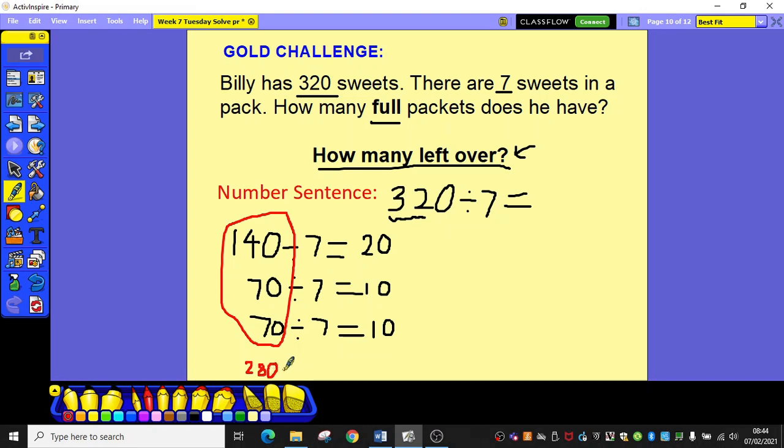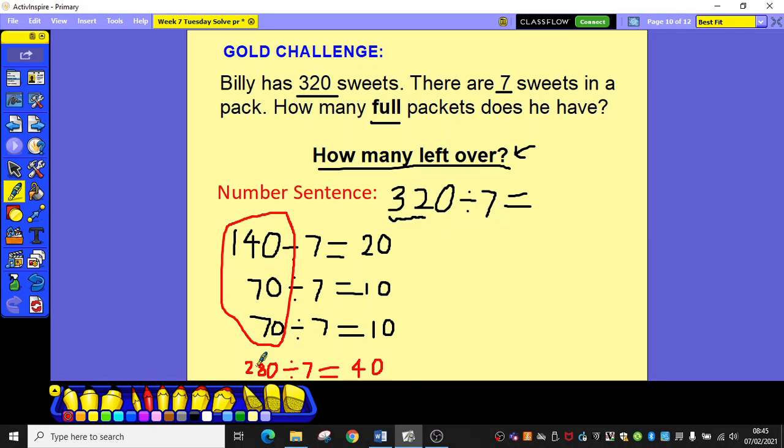Okay, if I know that 28 divided by 7 is 4, then 280 divided by 7 is going to be 40. Doesn't matter if I've done it in a longer way, as long as I am accurate. Okay, but if I can do it more efficiently, then I should choose that option, as long as I'm accurate. Always use the inverse still. 7 times 4 is 28, therefore 7 times 40 is 280.